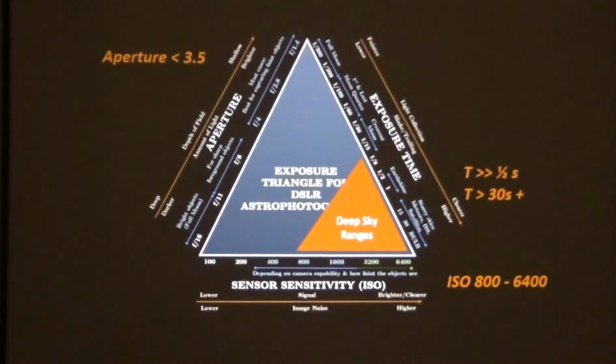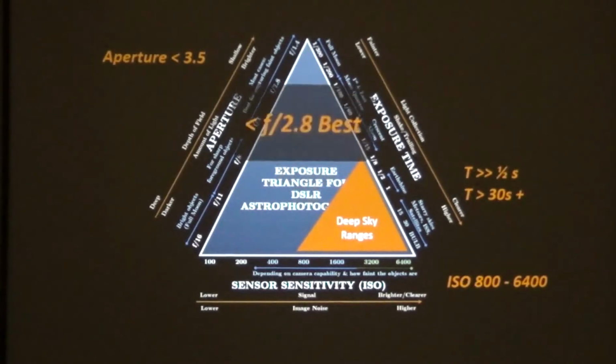Because we're using a fixed aperture typically, we pin down one corner of the triangle, so the only things we have to control the exposure are exposure time and ISO. Those are the two dominant things, and we have to find the best balance between them to get an effective image.